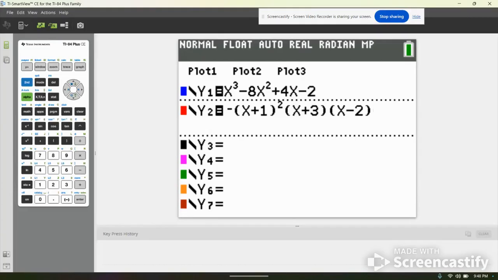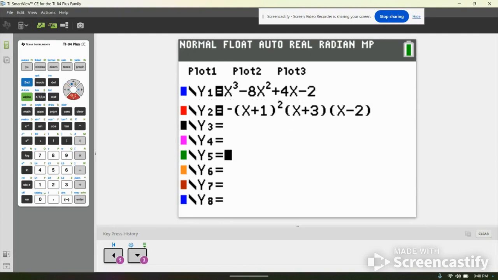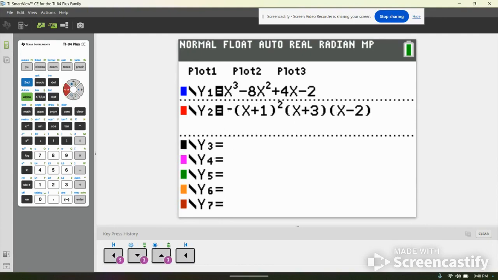If you don't want to have more than one in here, that's okay, but just for time purposes, I put both in here. I only want to look at the top one, the Y1. I only want the blue graph to show up. So what I'm going to do is highlight the equal sign, press enter, and that's going to turn that graph off for now so that I only see the blue graph.